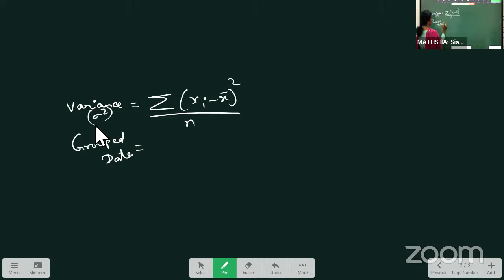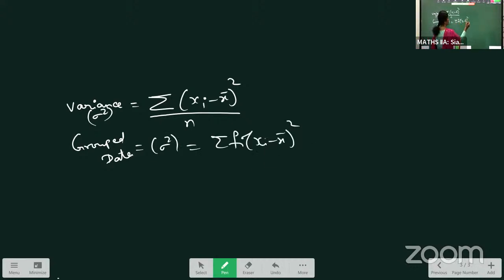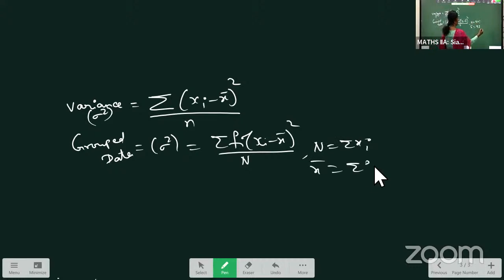Variance is equal to sigma fi into xi minus x bar whole square by capital N, where capital N is nothing but sigma fi and x bar is mean. You can find sigma fi xi by capital N. Like this, we have to find out variance.